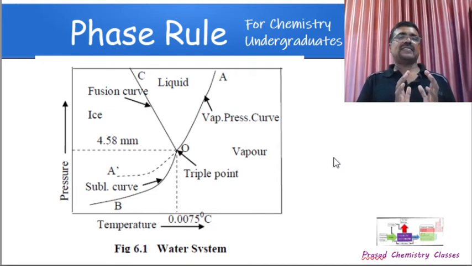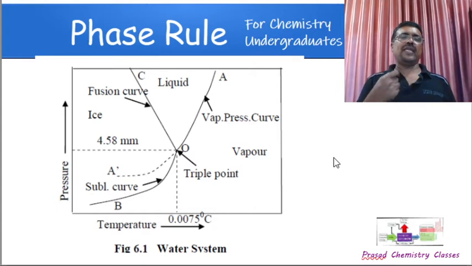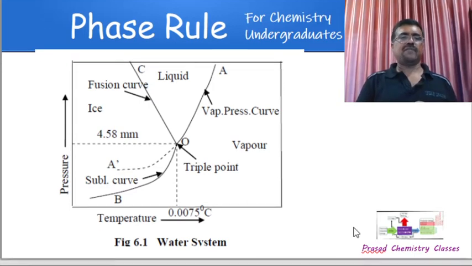It remains in the liquid phase. If you apply some disturbance, or give seeding by putting a small piece of ice, then it can go to the solid phase. Otherwise, we can have supercooled liquid in equilibrium with water vapor. That is represented by OA prime. That is the water system.